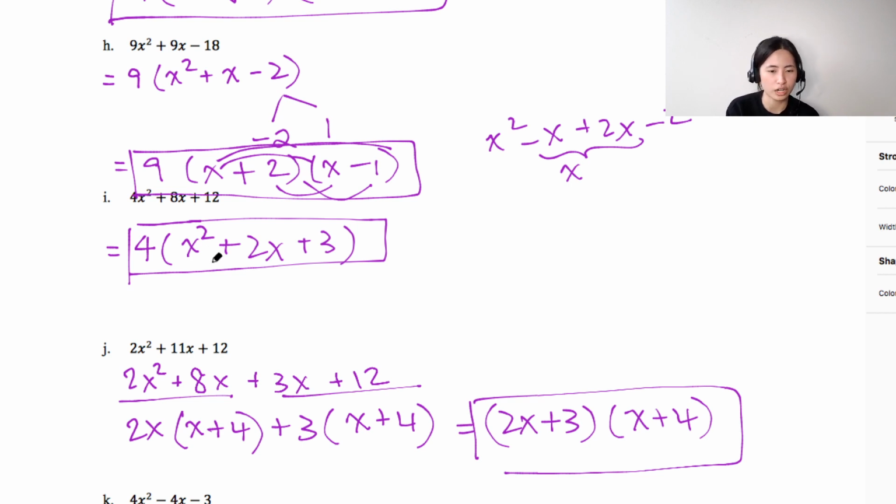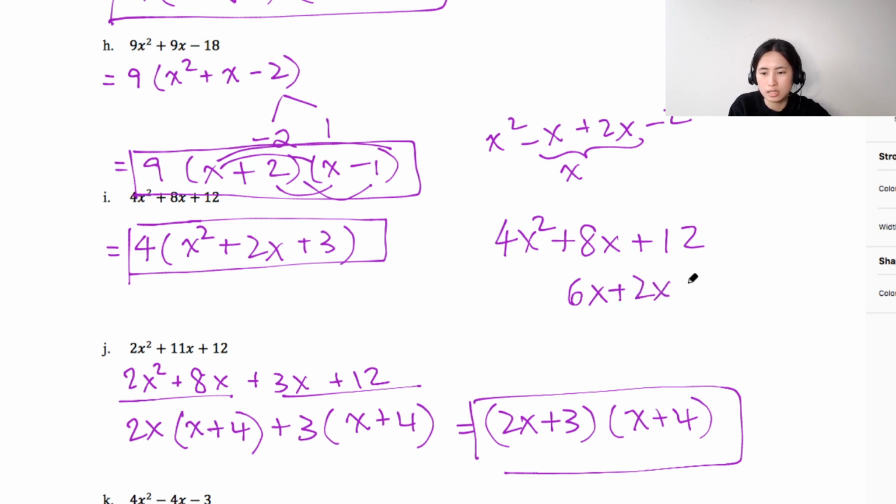So for the earlier questions, we cannot do it. The only thing I can think of is 4. Actually, let's try 6. If you have 4x squared plus 8x plus 12, let's pick 6x and 2x, because they add up to 8x.